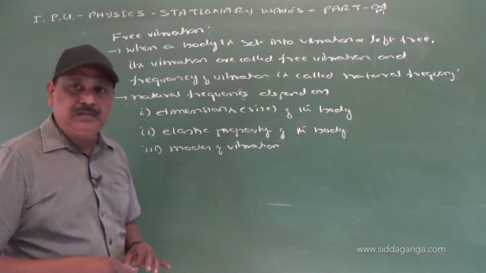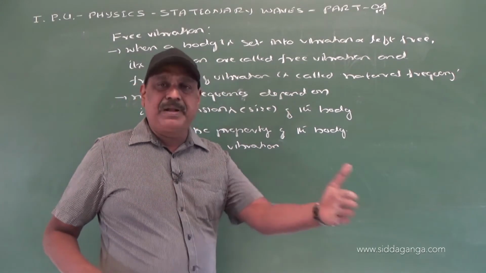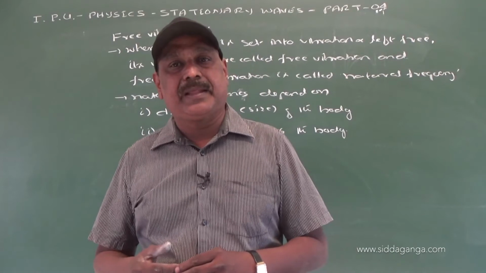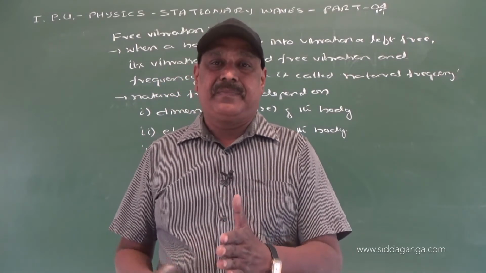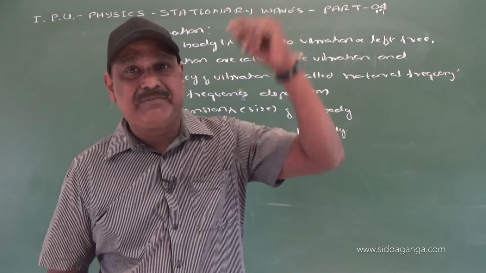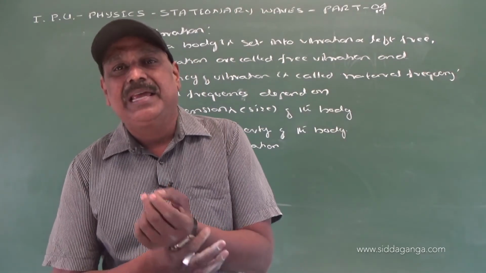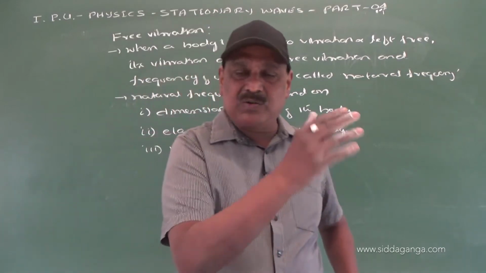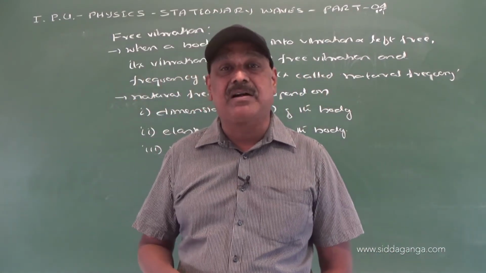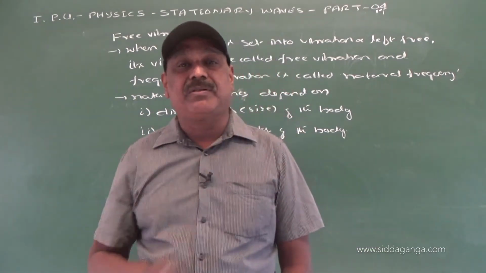And if the amplitude of vibration remains constant, then the vibration is called undamped vibration. Remember that we have discussed this in oscillation. If the energy goes on decreasing and amplitude goes on decreasing, then it is called damped vibration or damped oscillation.